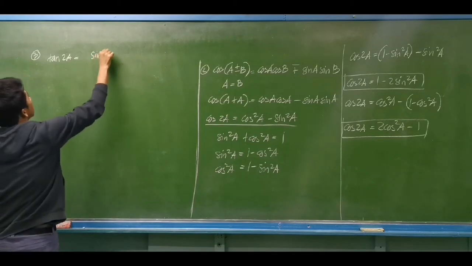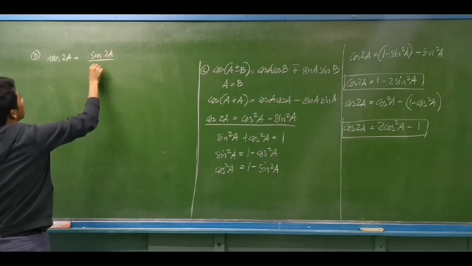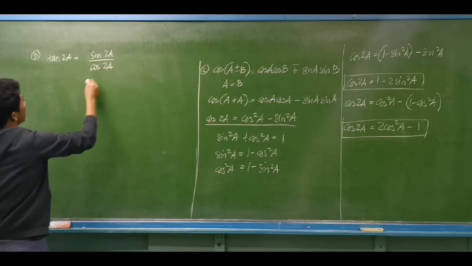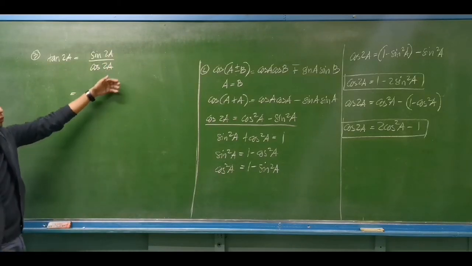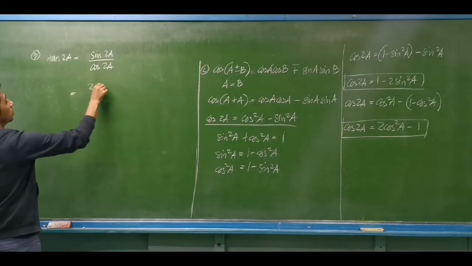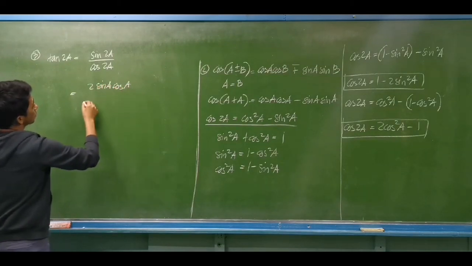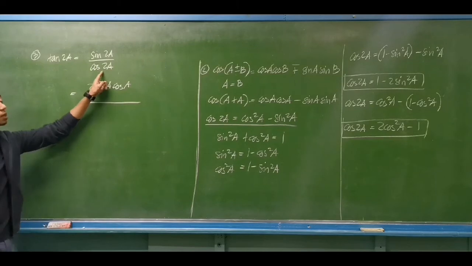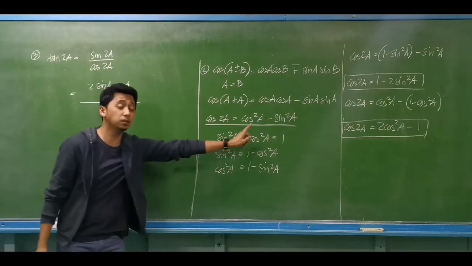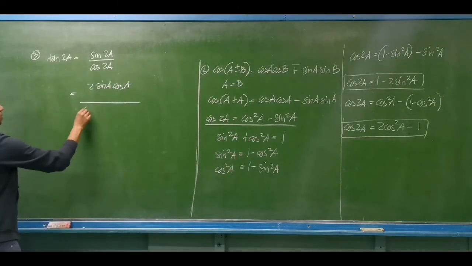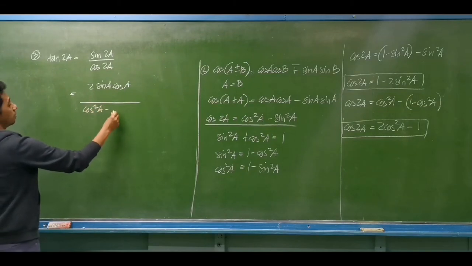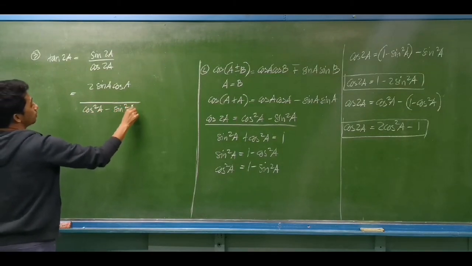So this is sine of 2A divided by the cosine of 2A. Ano equivalent ng sine 2A kanina? Yun yung 2 sine of angle A, cosine of angle A. So this is divided by, ano equivalent ng cosine 2A? Gamitin natin ito. You have the cosine squared of A minus the sine squared of angle A.